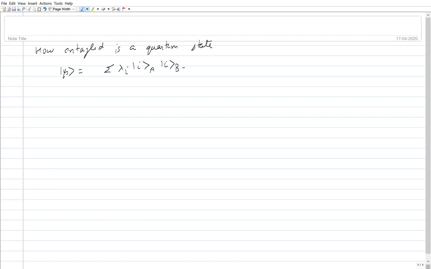So we've seen that if the Schmidt number, or the number of non-zero lambda i's, is greater than 1, then the state is entangled.